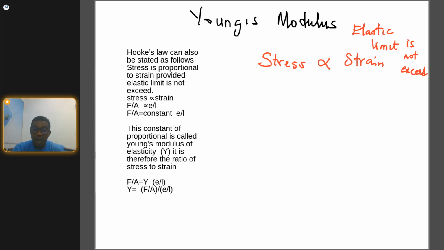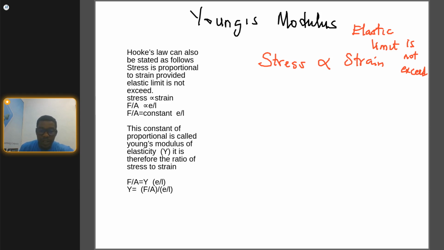So at that moment, you have exceeded the elastic limit. So the law says that stress is directly proportional to strain, provided that the elastic limit is not exceeded. There's a condition that the elastic limit is not exceeded. I believe you understand that.